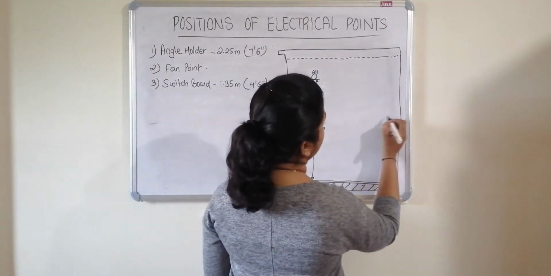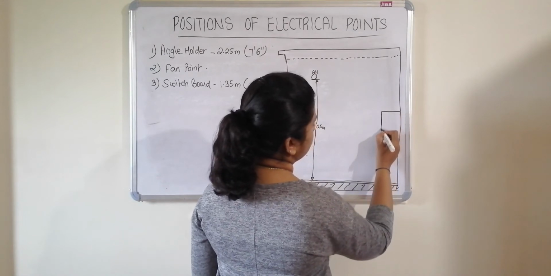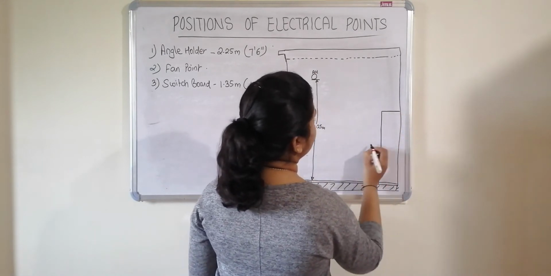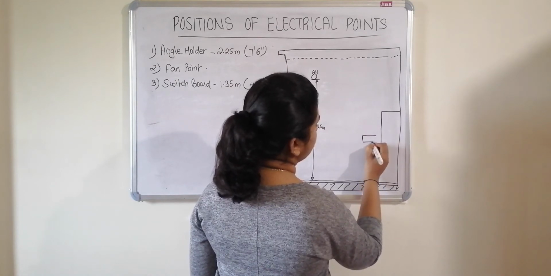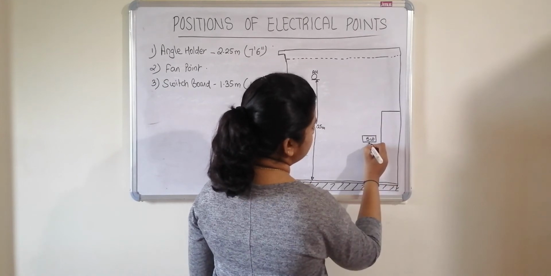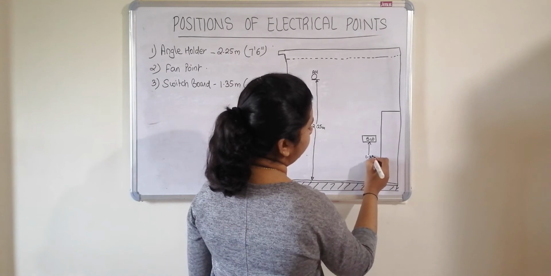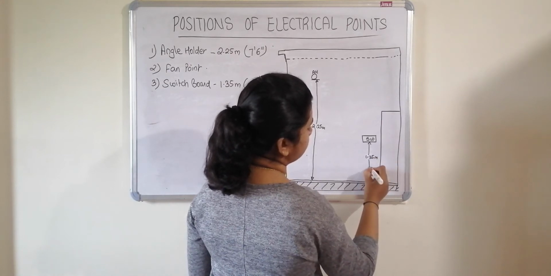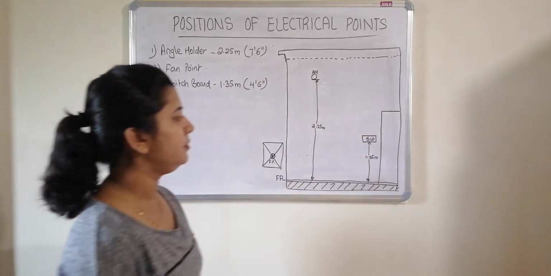Now suppose this is your door. Then here will be your switchboard. The height from the bottom of this switchboard to this finished floor level is 1.35 meter.